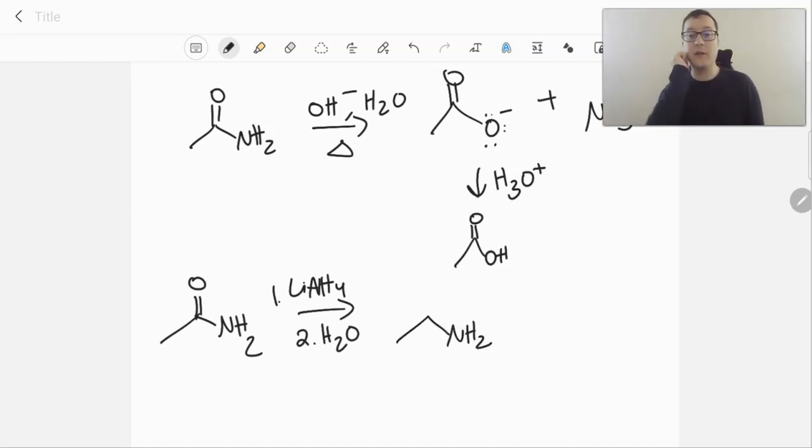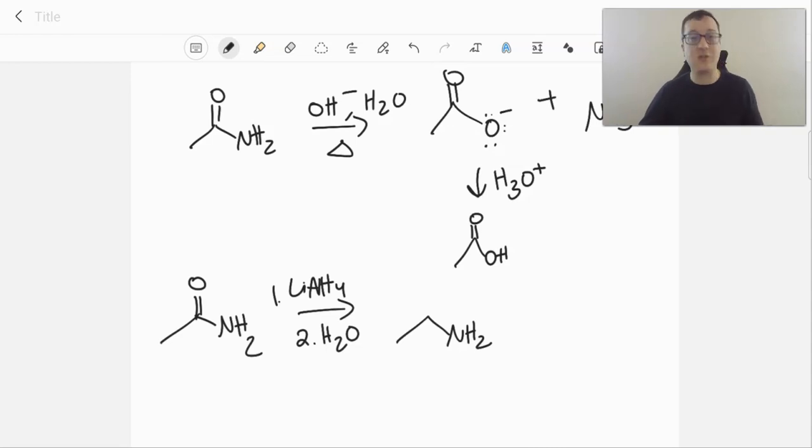So unlike all the other times where we've ended up with an alcohol after reducing our carboxylic acid derivative, in this case, we end up with an amine. And that's going to be very useful for us in a couple of chapters when we talk about amines, because this is one way to synthesize them. So reduction of a carbonyl. And so with this, you'll want to use your lithium aluminum hydride. That's the way you're going to do it. It'll just go crazy and go ahead and break everything down back into your amine.